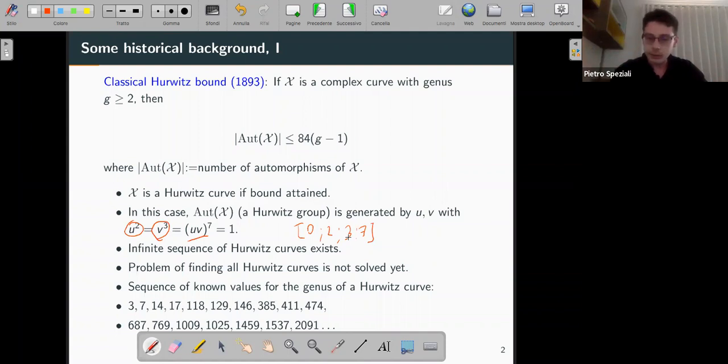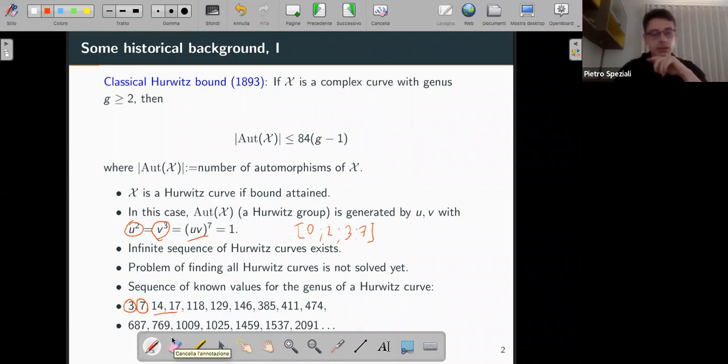Actually, you don't have Hurwitz curves for every genus. You have, for instance, genus 3, the famous Klein quartic, and genus 7, the Fricke-Macbeath curve. In genus 14, you have 3 non-isomorphic curves, which are somewhat elusive. Just a side note: here you have a very nice plane model, which is defined over Q. Here as well.